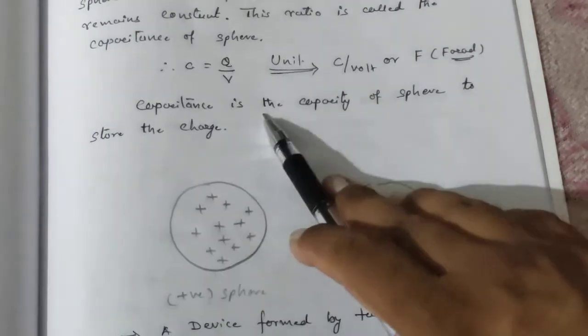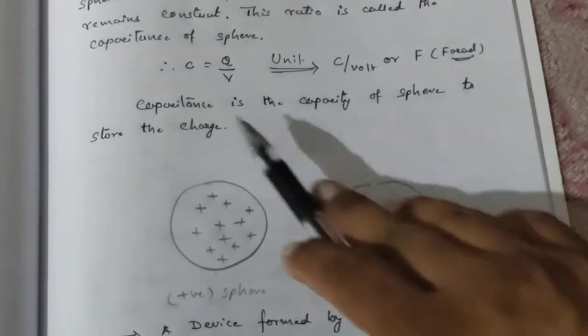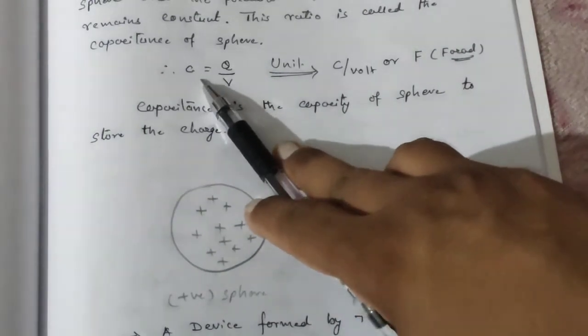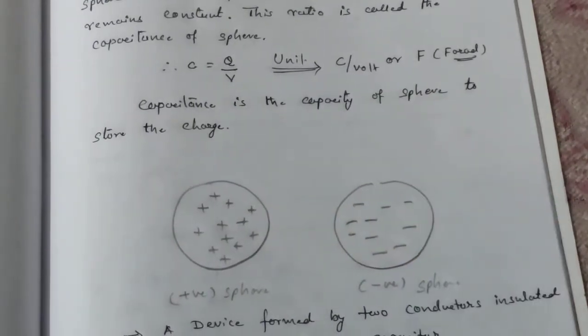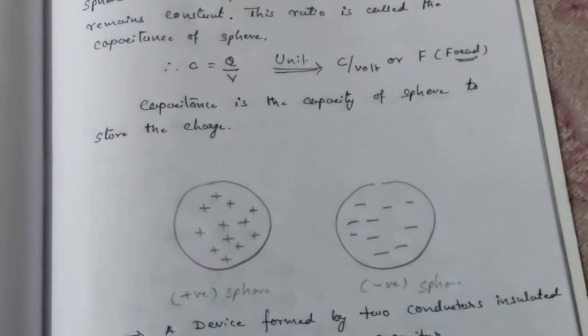Okay, so capacitance is the capacity of a sphere to store charge, and the unit of capacitance is coulomb per volt, or farad, named after Faraday, that's why its unit is farad.